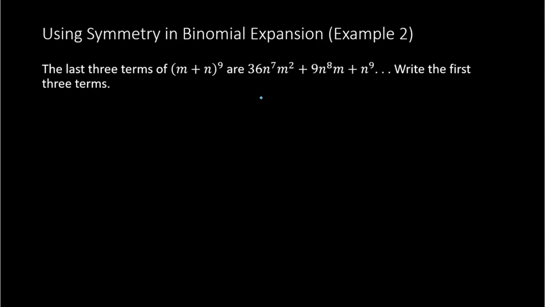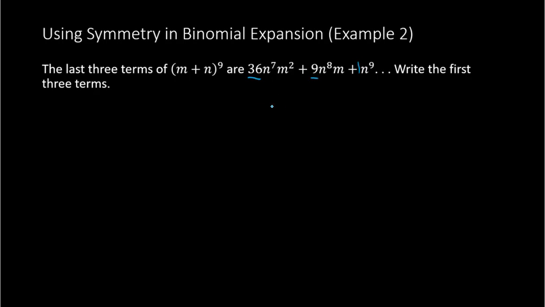One more example. The last 3 terms of m plus n to the 9th power are listed right here. And we are to write the first 3 terms. So again, realize that there is symmetry with the coefficients and with the terms. So here the coefficients are 36, 9, and 1.